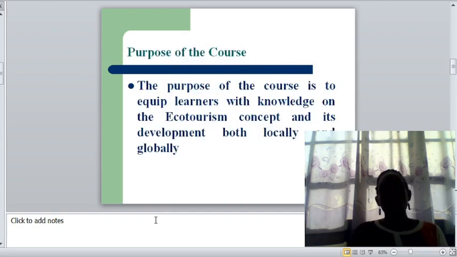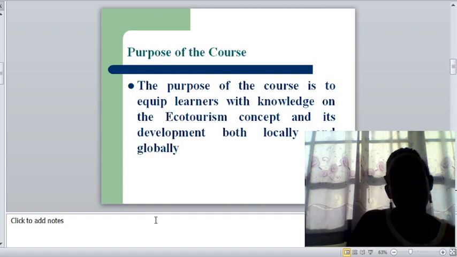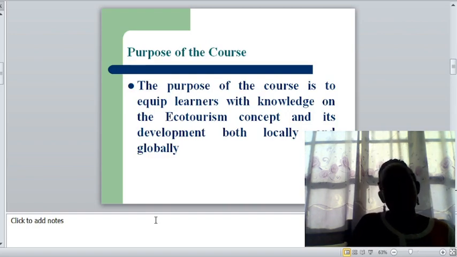So in the course, we are also going to look at the purpose of this course, which is that at the end of this course, the course should be able to equip you learners with knowledge on ecotourism concepts and its development both locally and globally.